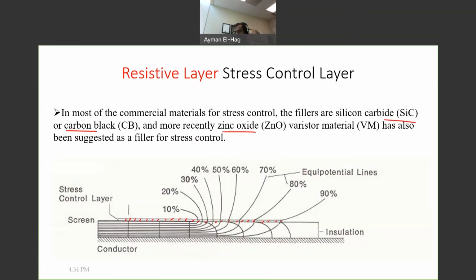So you will have a resistive layer that will allow a current to flow. Now how does this work, how does having a material that will allow a current to flow on this stress grading, for a small current, not a huge current, allow us to reduce the field in this area? As you can see here, again, the electric field here is less than in the insulation.